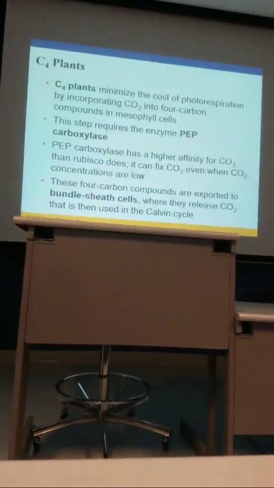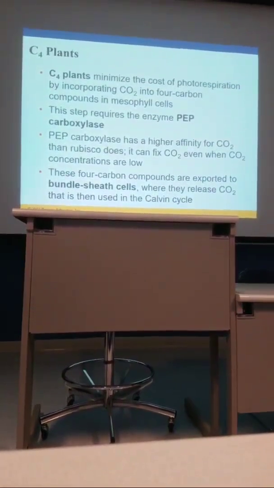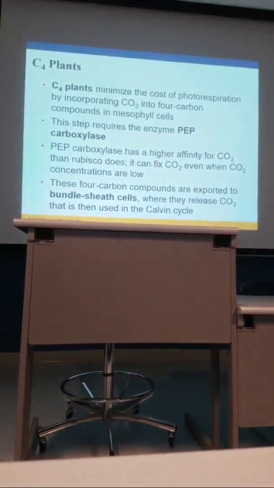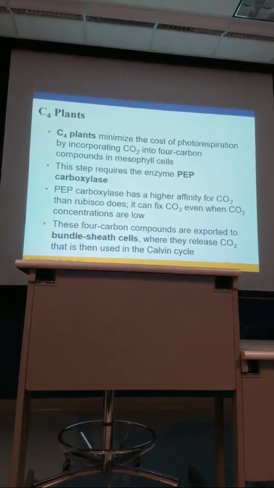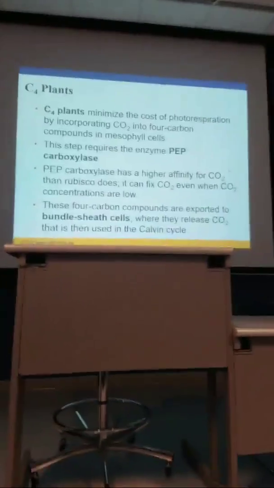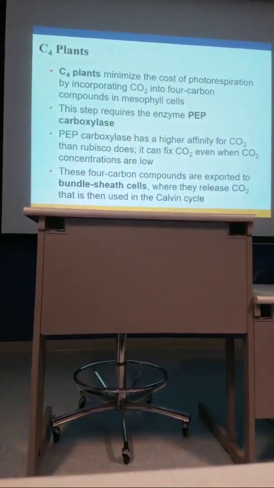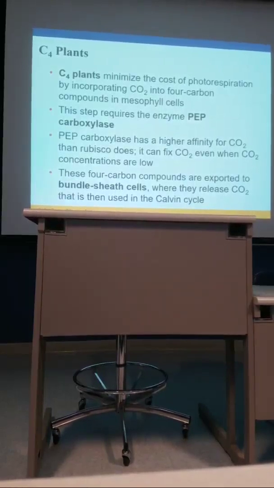I'm not going to ask you how all of that occurs with these bundle sheath cells. Just remember that PEP carboxylase in C4 plants can fix very small amounts of carbon dioxide, whereas Rubisco must have a higher concentration. That's in C3 plants.